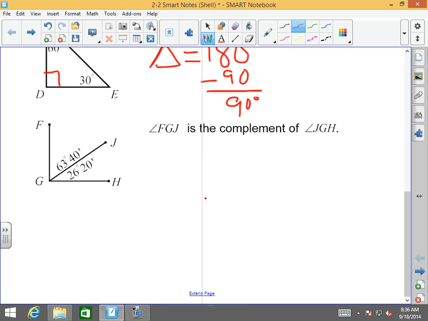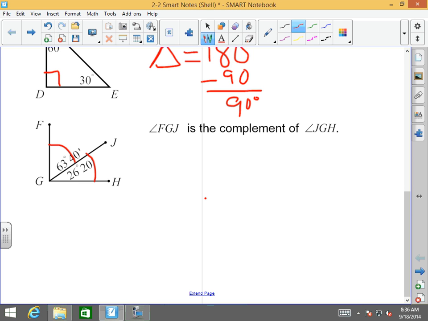I know you guys love the minutes and degrees and seconds, but it's part of geometry. If I tell you that angle FGJ is the complement of JGH, that means that together, angle FGJ plus angle JGH equals 90. It has to be 90.